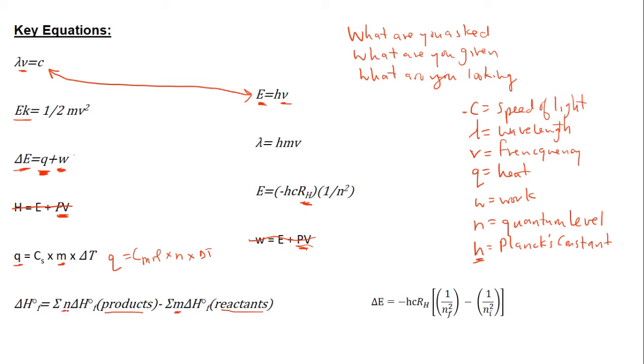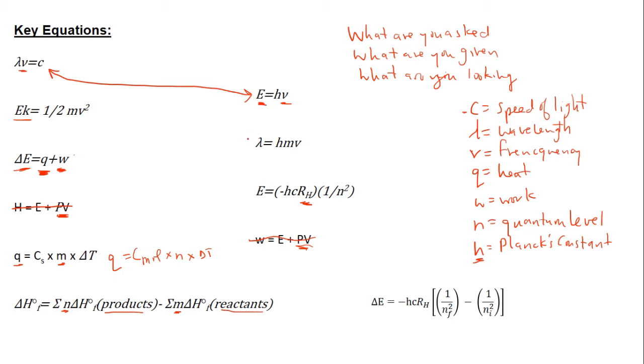So you're going to multiply the number of moles of each product times its delta H, add all of those together, minus the summation of how many moles of each reactant I have times the delta H of that reactant. So again, you're going to be looking for a table of delta H values, and you're going to be asked to calculate the delta H for the reaction.